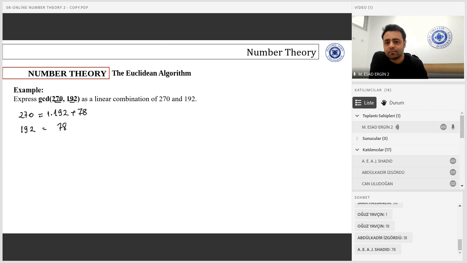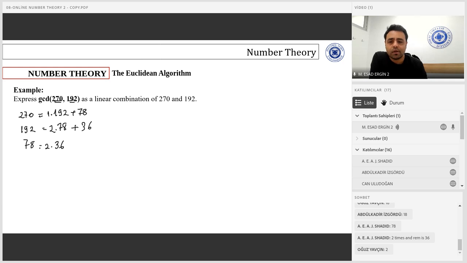I guess it's 2 plus the remainder is 36, right? The remainder is 36. And now we have 78 equals, how many times do I have 36 inside of this one?